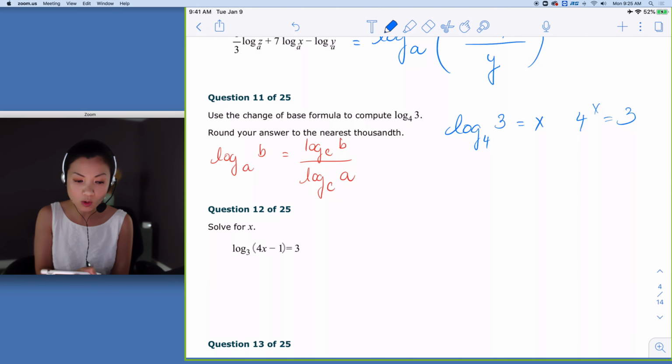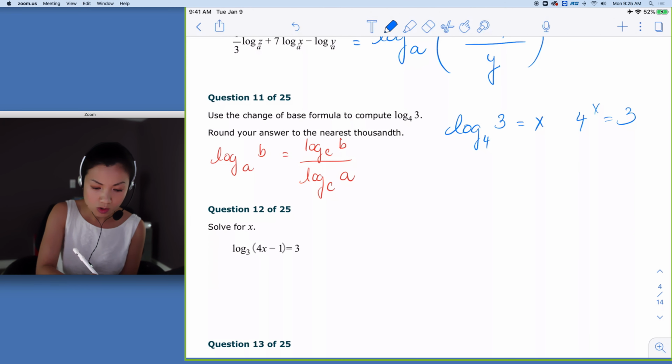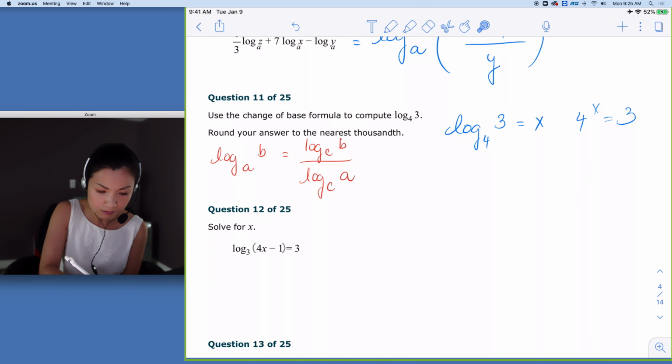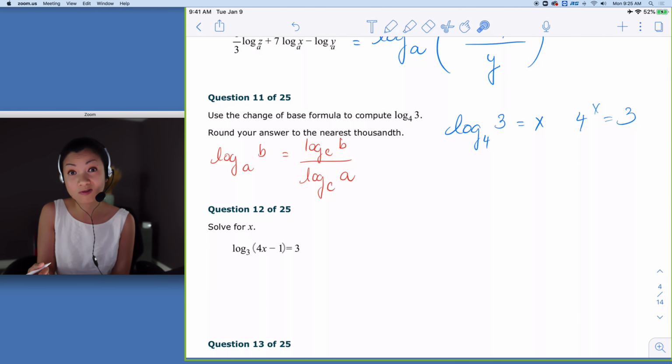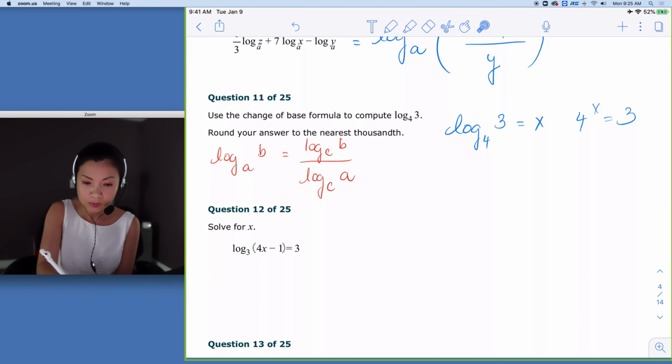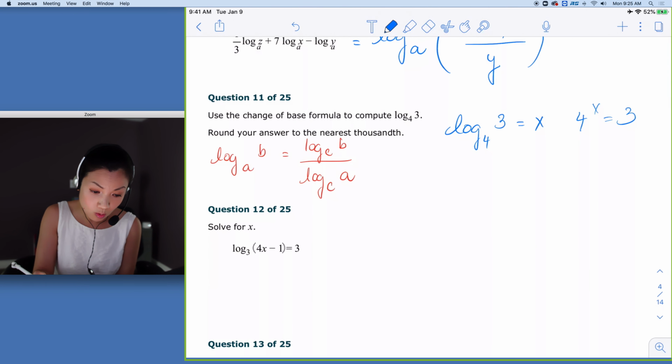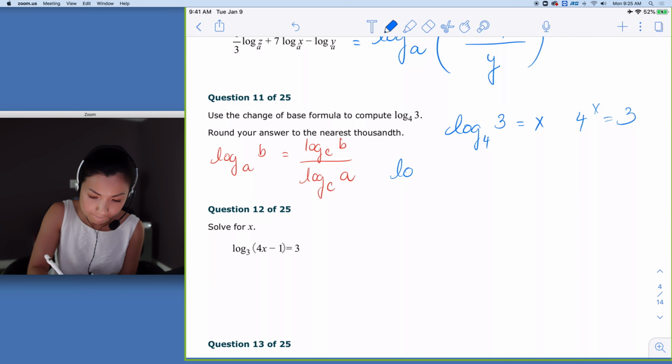So that's why we're going to have to use a calculator, and we're going to change the base first. So you see right here, I have a, b, and then we have a, b here. So c here, that's when you use your calculator, and in your calculator you're going to have base 10 or base e.